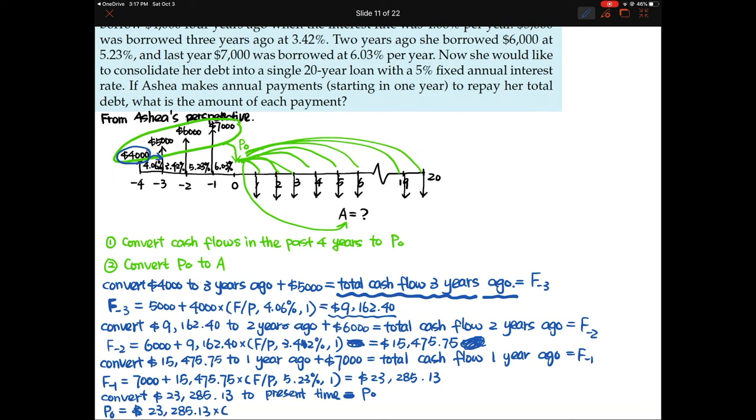It's still, you want to convert a previous value, so 1 year ago, to a later time, so it's to find F given P. And interest rate is 6.03%, number period 1 year, so that is 24,689.22. Okay, so until now, you have converted all the cash flows in the past 4 years with different interest rates to the present time. You got the P0.